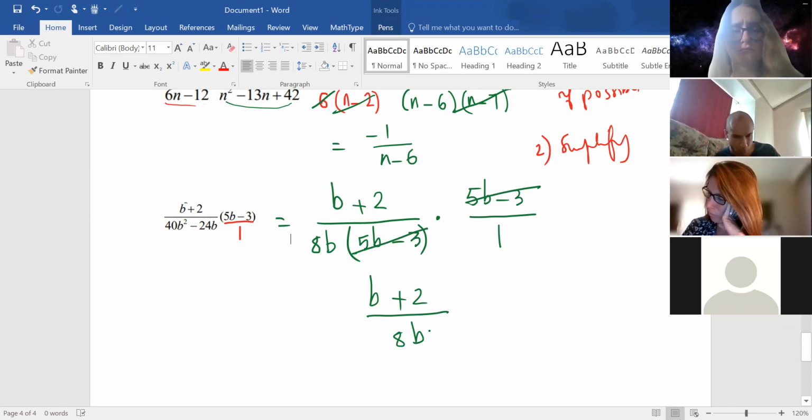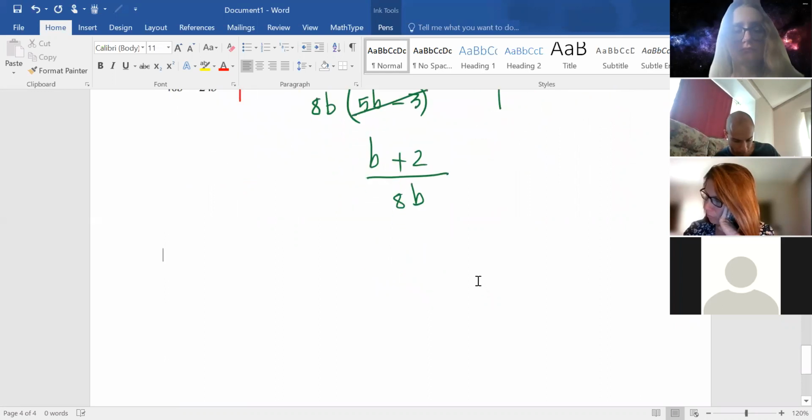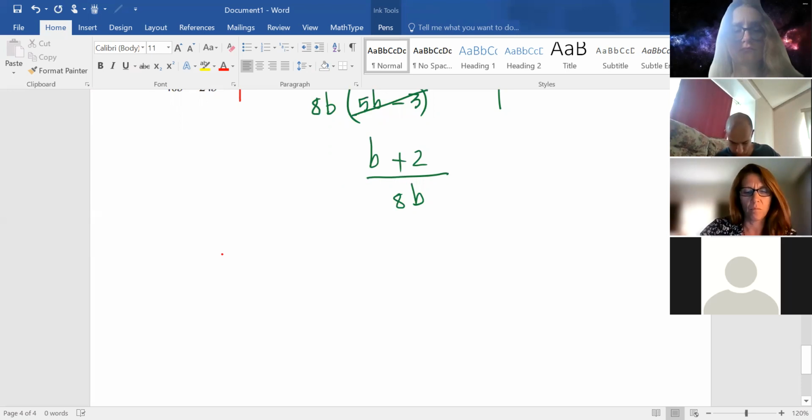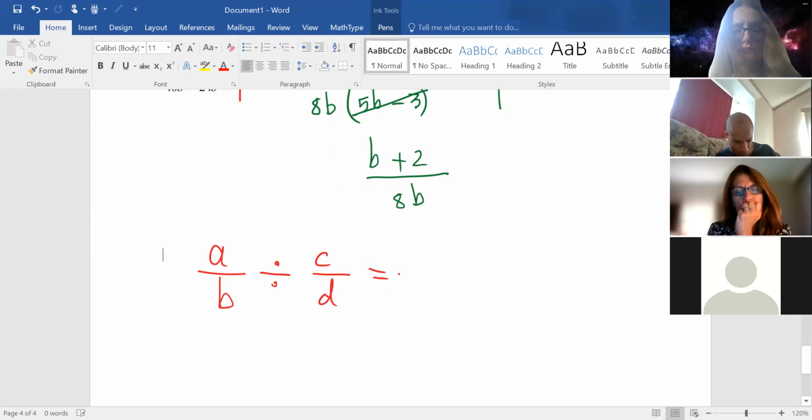Again, this has a great deal of factoring, etc. So, we're going to close out here, but do you remember how we used to do division? When you say A over B divided by C over D, do you remember what the formula was? When we divide two fractions, what happens?